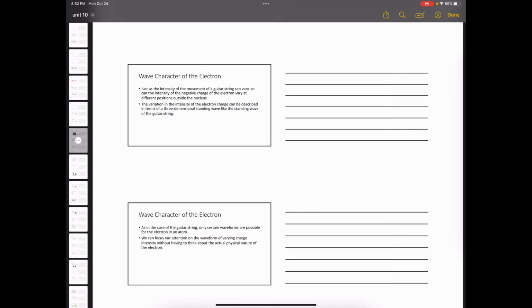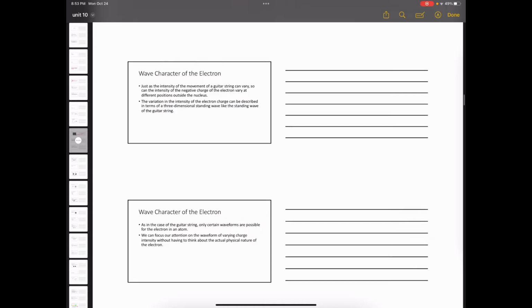The variation in the intensity of the electron charge can be described in terms of a three-dimensional standing wave, like the standing wave of the guitar string. That's what we talked about, the stationary wave. When you superimpose or overlay all these waveforms on top of each other, it seems as if the string is not moving, but the waveform is still generated, and we call that a stationary waveform.